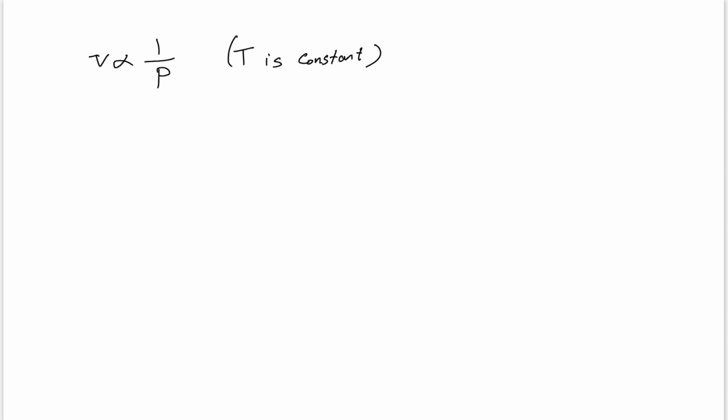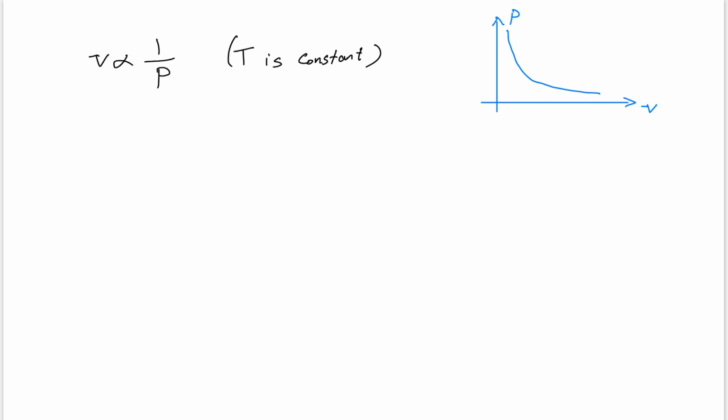So if we want to plot this and show it in a graph, here is pressure, here is volume, we will have something like this, right? Okay.